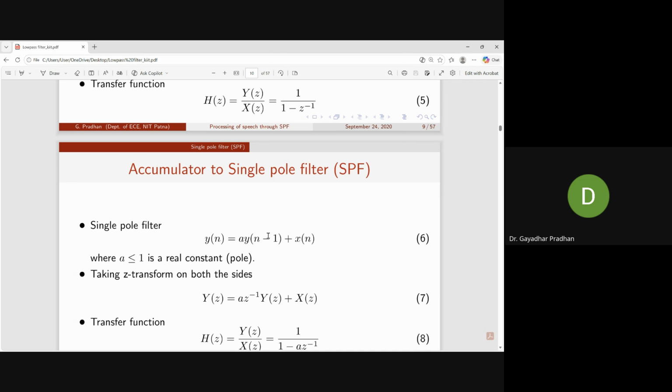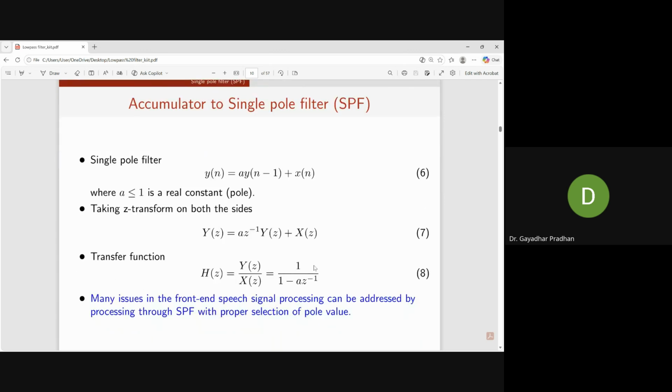If I implement such a filter with FIR, I may need some 100 multipliers, which will increase my computational complexity. The only requirement is stability, which I can bring by keeping a less than 1. This is a single pole filter because I have only one root.